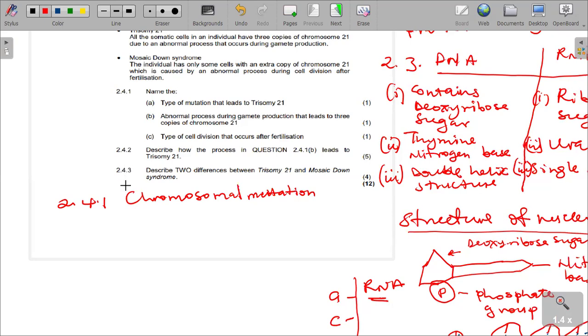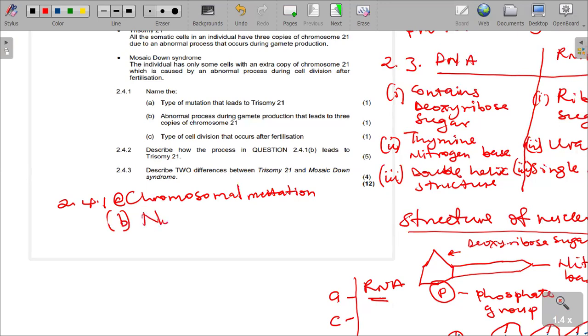This is A. And then we are saying B. Question B asks for the type of abnormal process that occurs during this. What we are saying is that it is called non-disjunction.